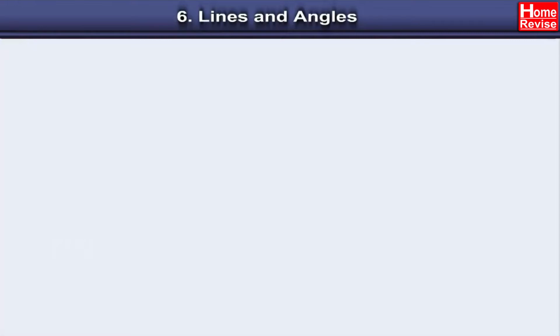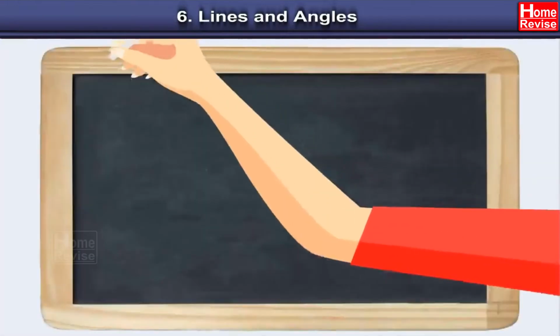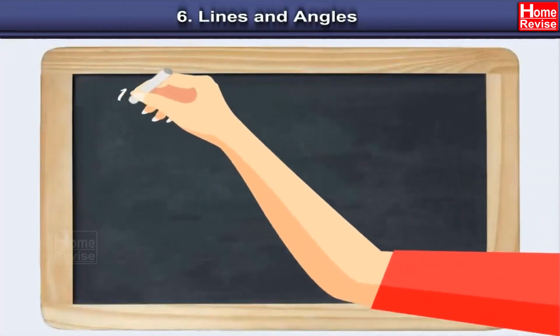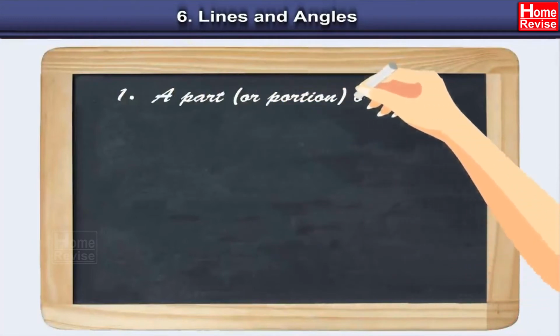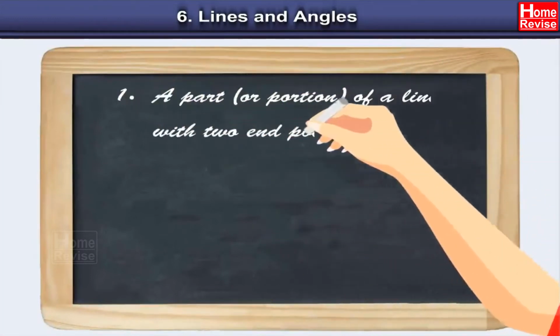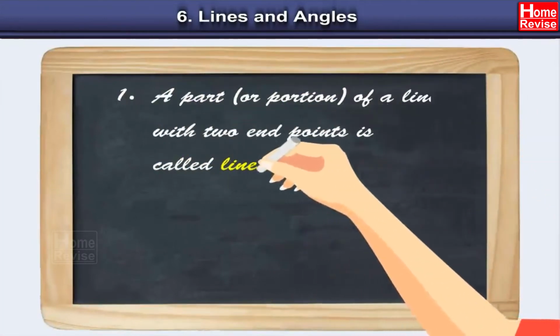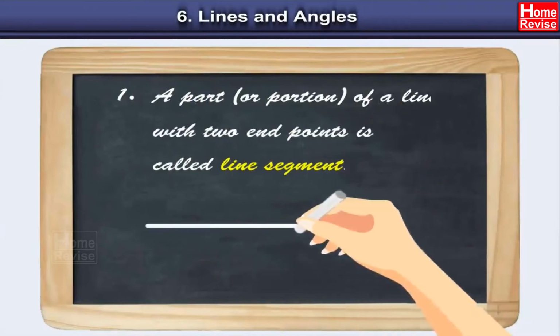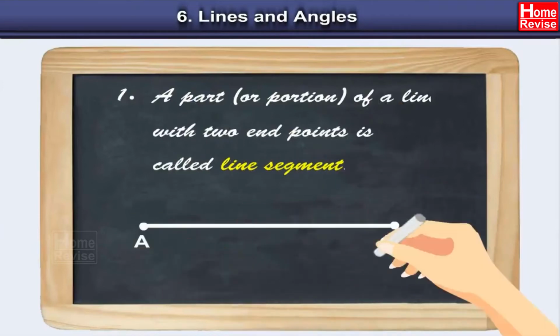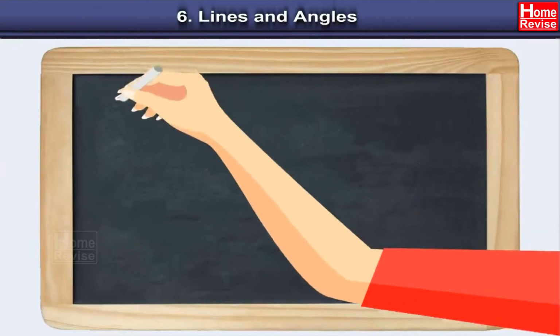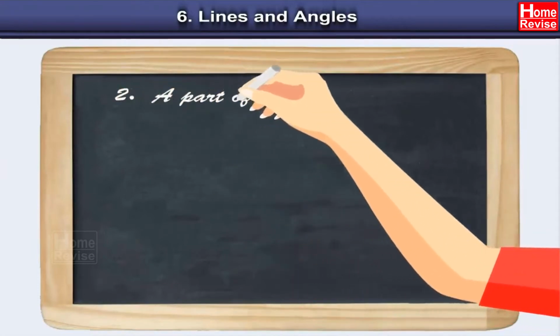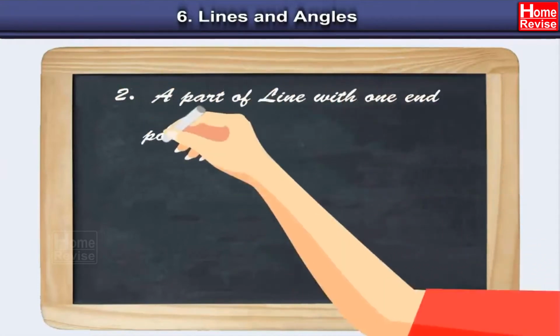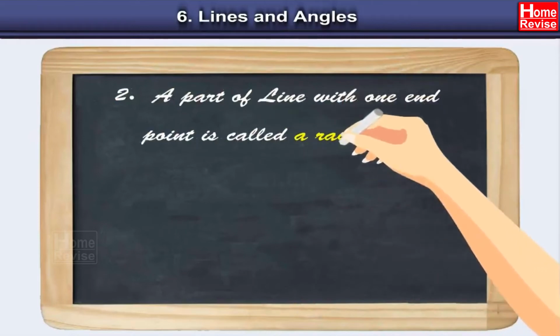Recall that, number 1: a part or portion of a line with two endpoints is called a line segment. Number 2: a part of a line with one endpoint is called a ray.